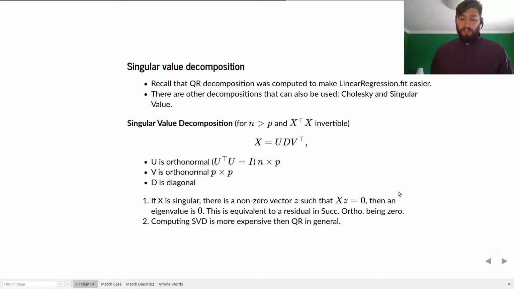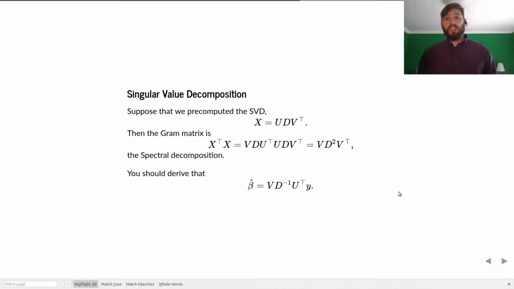So for practical purposes, we generally don't work with the SVD. We work with things like Cholesky decomposition or QR decomposition. But for our understanding, it's really nice to work with the SVD in the theory.